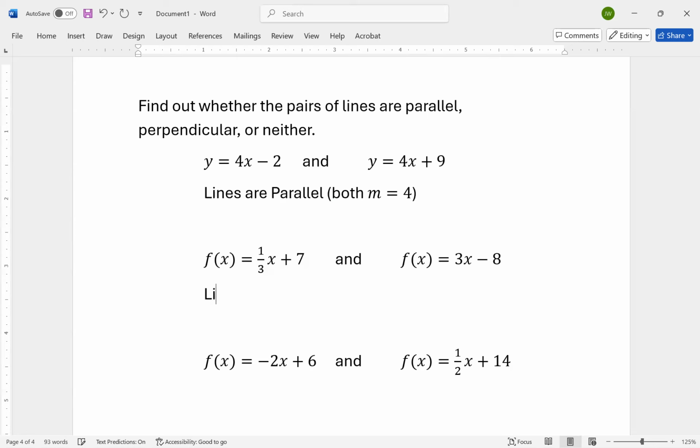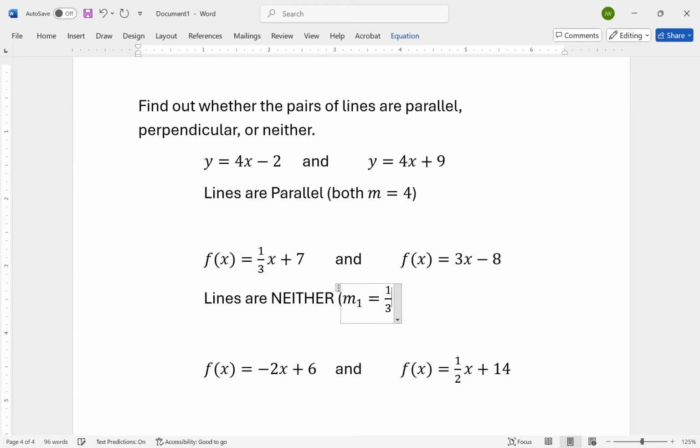So the lines are neither parallel nor perpendicular. Let's write M1, the slope of line 1, is 1/3, and the slope of line 2 is 3.